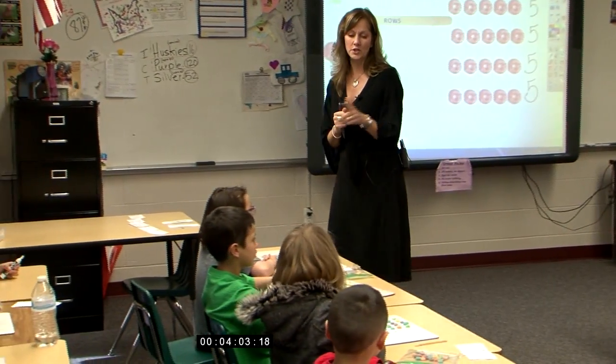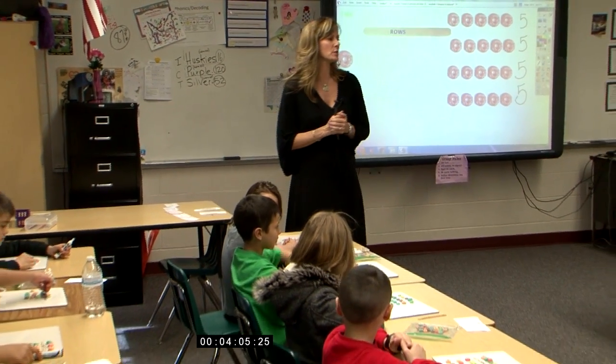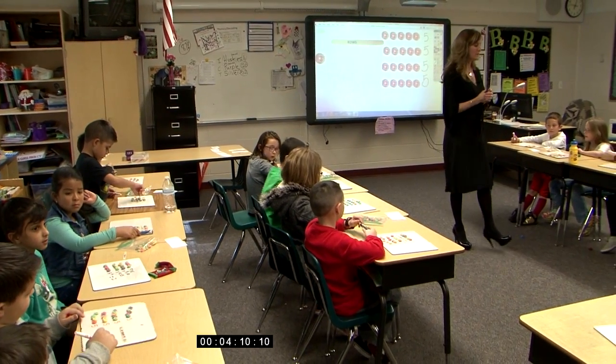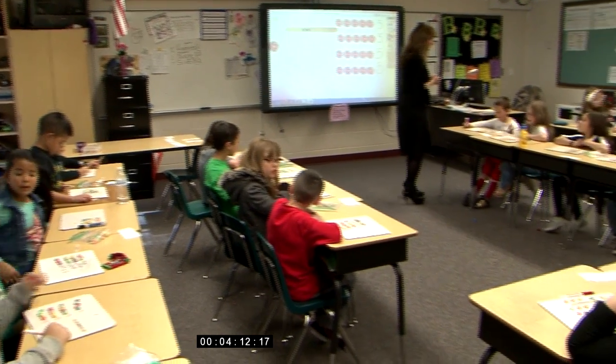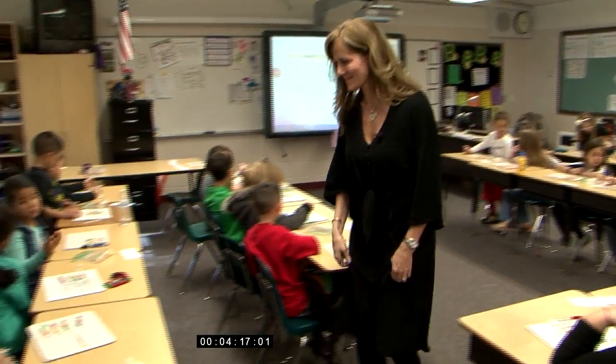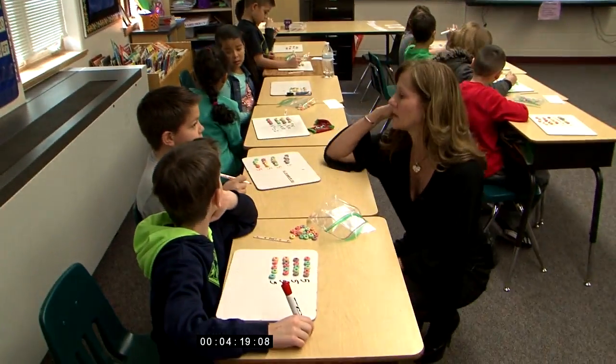I would like you to talk to your elbow partner. How could we find how many Fruit Loops are all together without counting them one by one? Talk to your partner. How did you find how many are in the whole array?